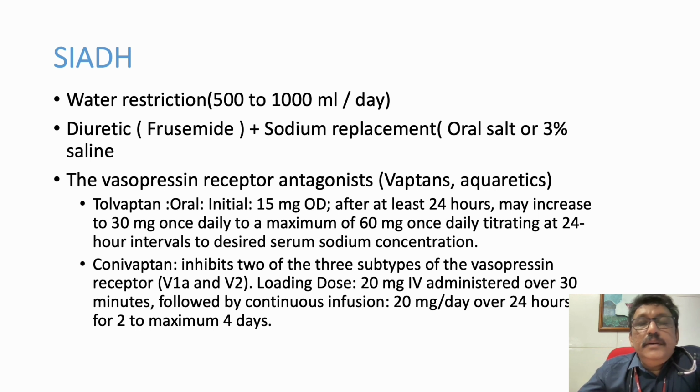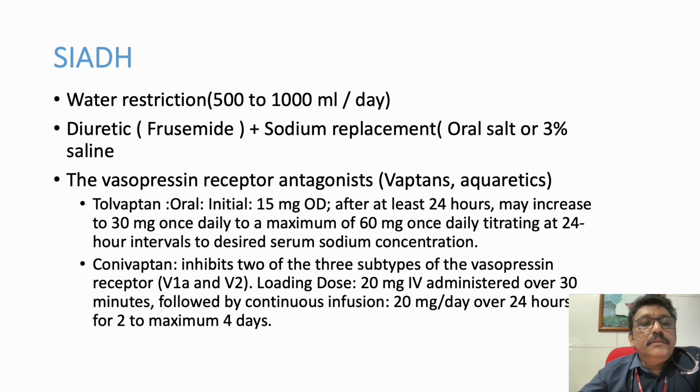Now for SIADH, the treatment is slightly different. We have to control the water intake. Water restriction of around 1 liter per day. Diuretics can be given. Furosemide can be given. Sodium can be given as oral salt. If that is not getting corrected, in emergency we can use 3% saline. Otherwise, we have drugs that are tolvaptan or conivaptan.